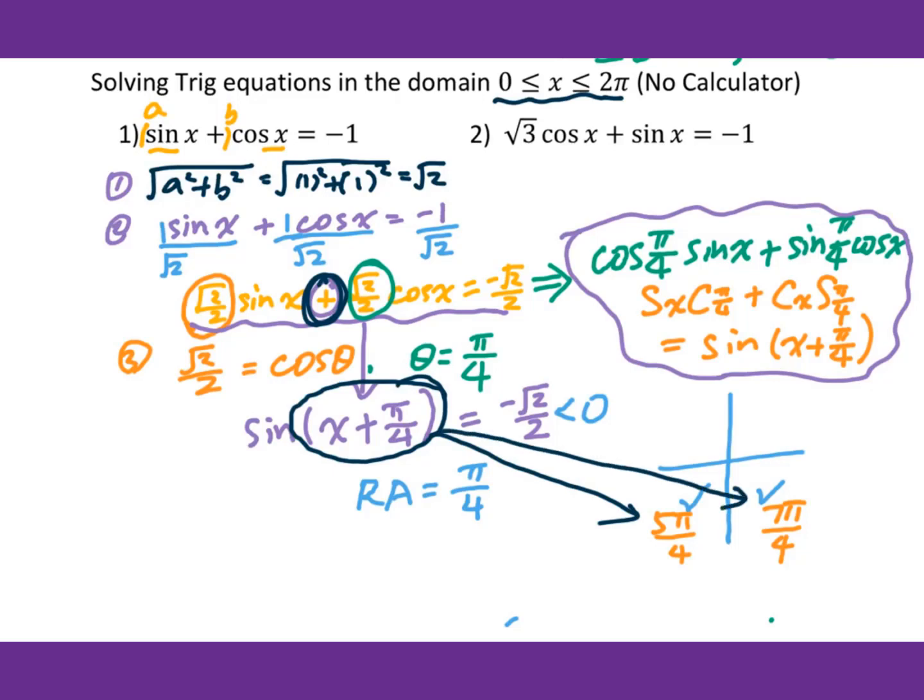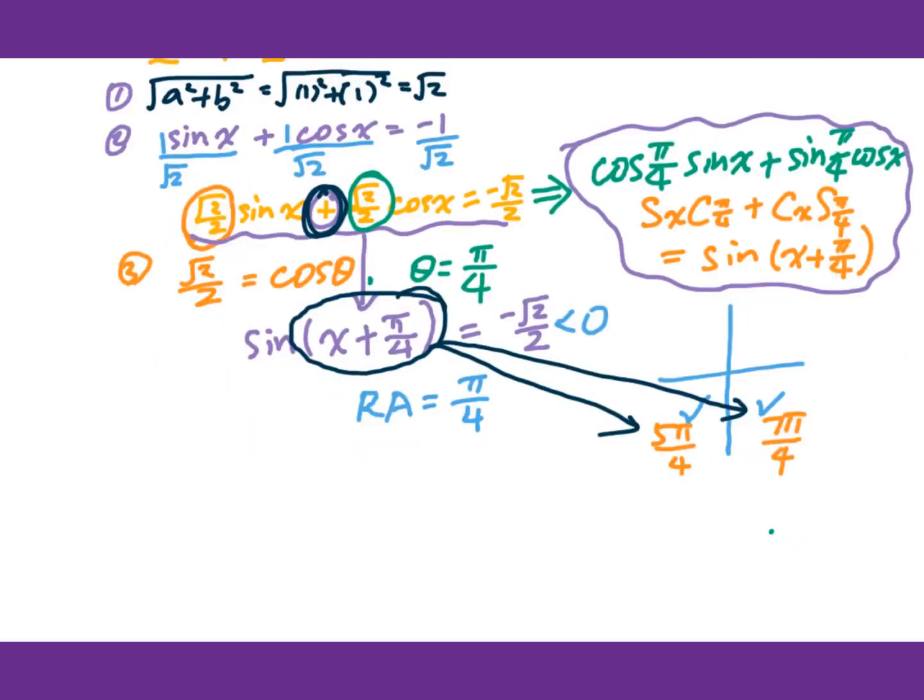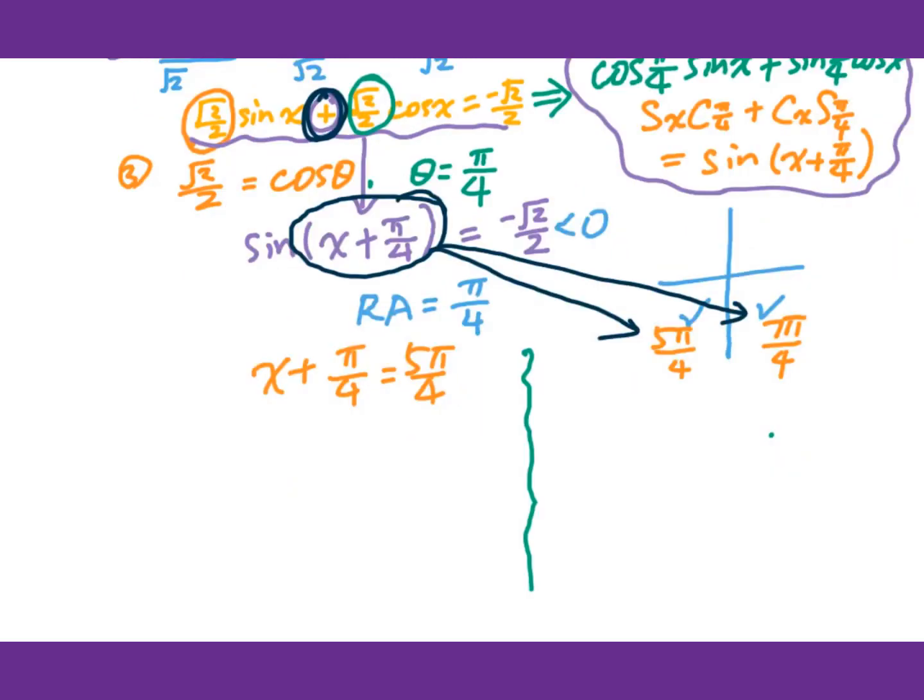So we got two equations: x plus pi over 4 equals 5 pi over 4. Also, we got x plus pi over 4 equals 7 pi over 4. Then crossing the equal sign, we change the sign.